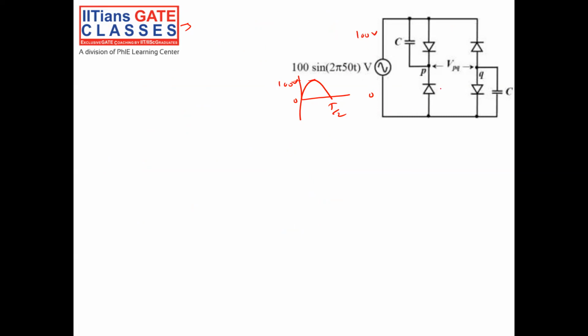Initially we assume that capacitors C1 and C2 are uncharged, that means Vc1 is equal to Vc2 is equal to 0 for t less than 0. So before application of my input, my capacitors are discharged, so there is no potential across the capacitor.